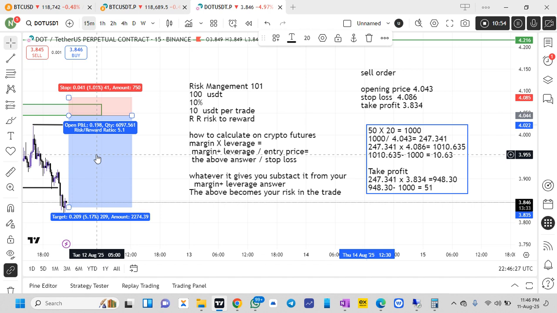So if you take 10 trades, risking $10, and all of them hit full take profit, in this case 1 to 5, you've lost $50, but when you calculate the profit you still be green, because when you multiply 51 by 5, that is $255. That means you made additional $200 minus your capital.